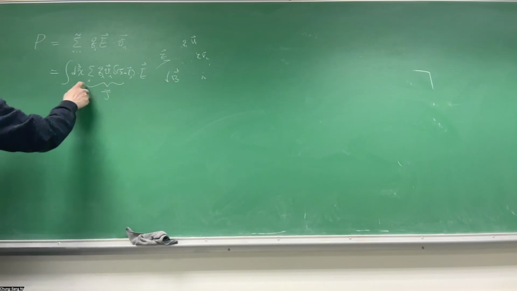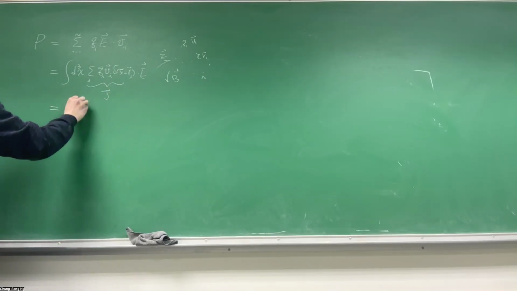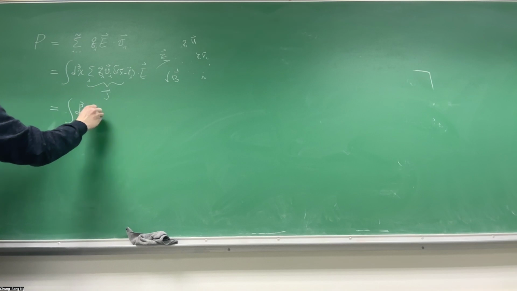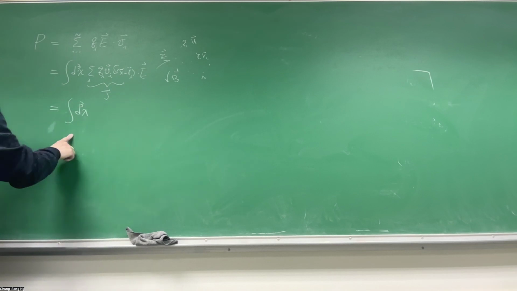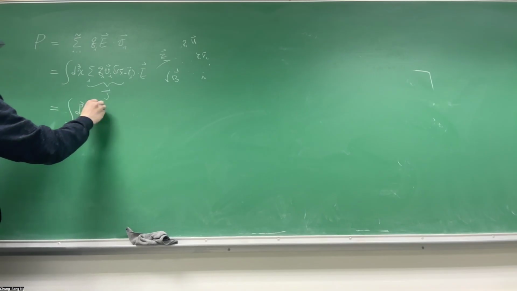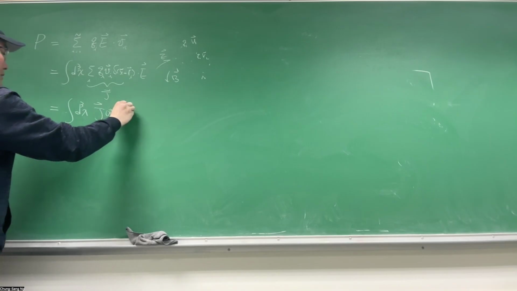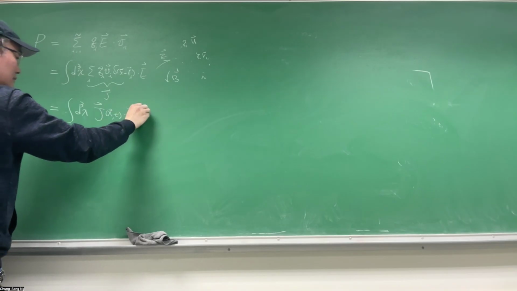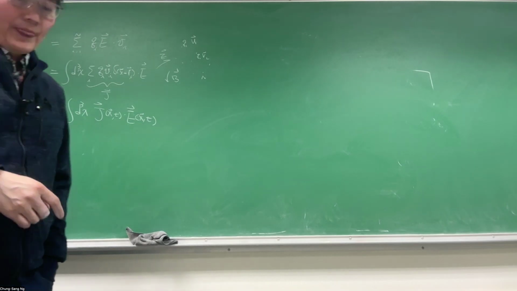So from discrete particles, you get the continuous charge density and current density, that becomes just J as a function of x dot into E. And that gives you the power.